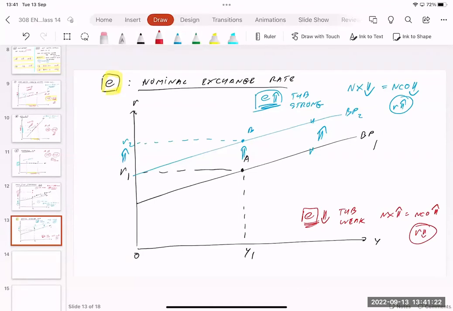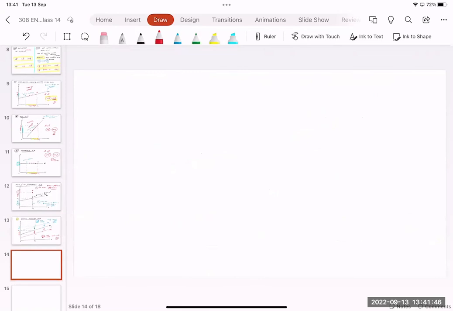That's why the BP curve is going to shift down, changing from point A to point C, the real interest rate going down from R1 to R3. Just like that. So you can see that the change in the nominal exchange rate can shift the balance of payment BP curve. However, it's going to affect only two cases.